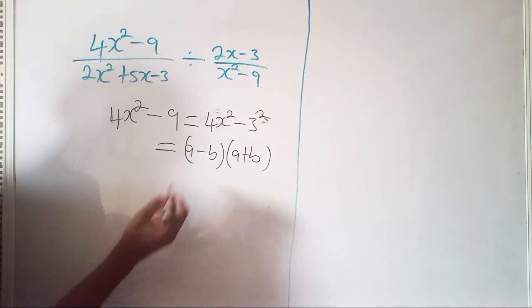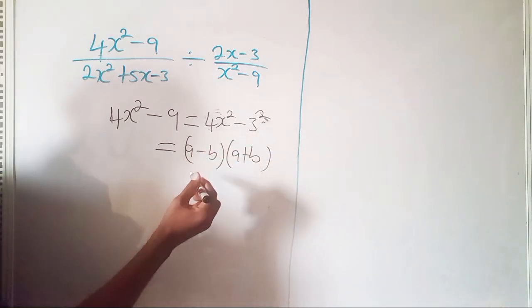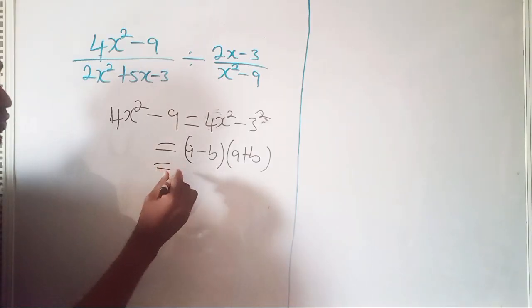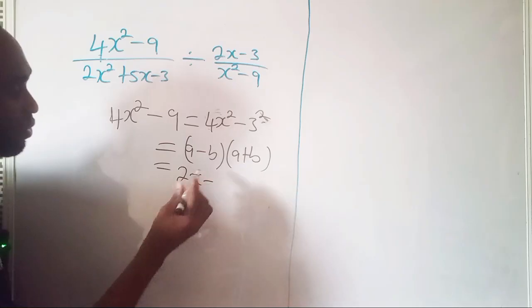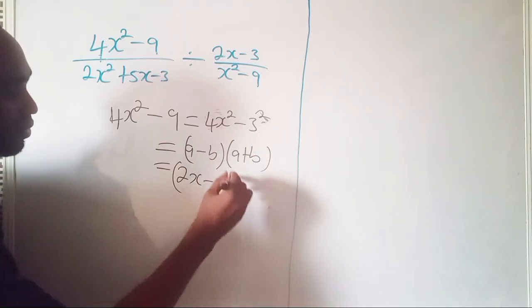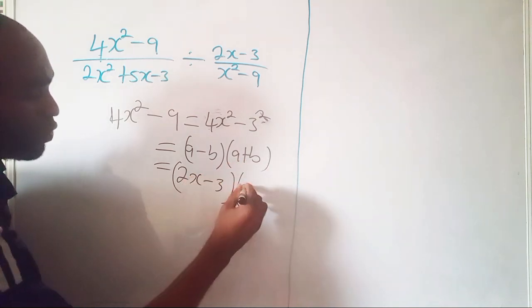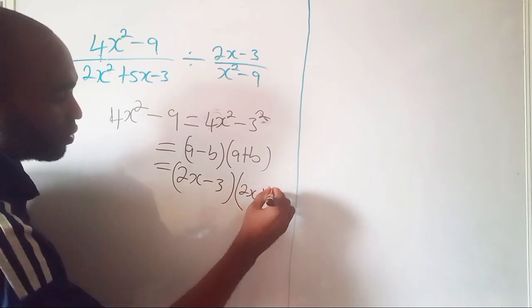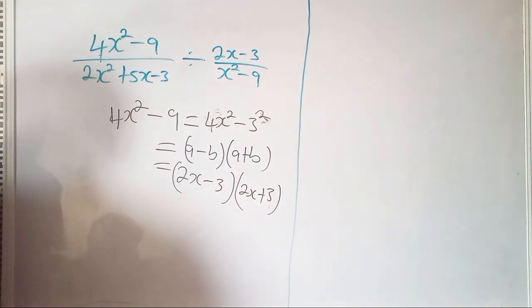So when you take the square root and put this in this form, we are going to have 2x minus 3, then 2x plus 3.